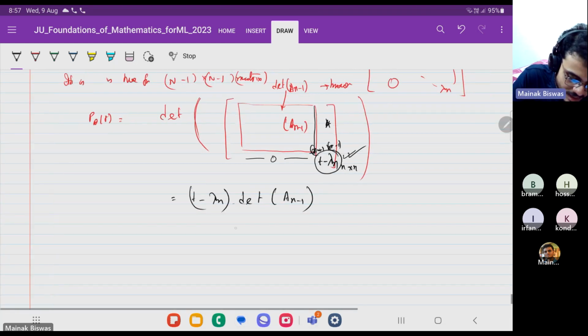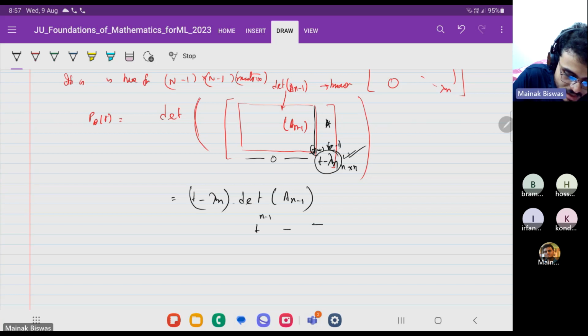So what will this term become? T to the power n minus 1 plus, or rather minus, the summation of lambda i, i equal to 1 to n minus 1, t to the power n minus 2, and so on till determinant of A n minus 1, right?